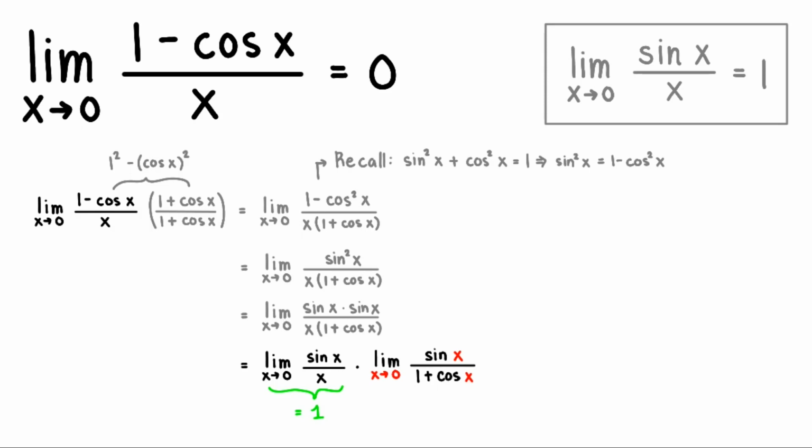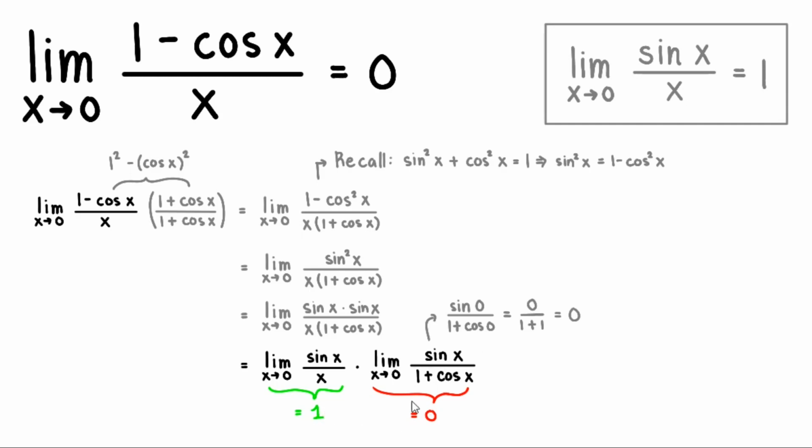So we'll have sine 0 over 1 plus cosine 0, which is just equal to 0 over 1 plus 1, since sine 0 is equal to 0 and cosine 0 is equal to 1. And so this simplifies to 0. And since this is just a real number, we won't have any problems, this means that the limit for this one must be equal to 0. And so we have this.